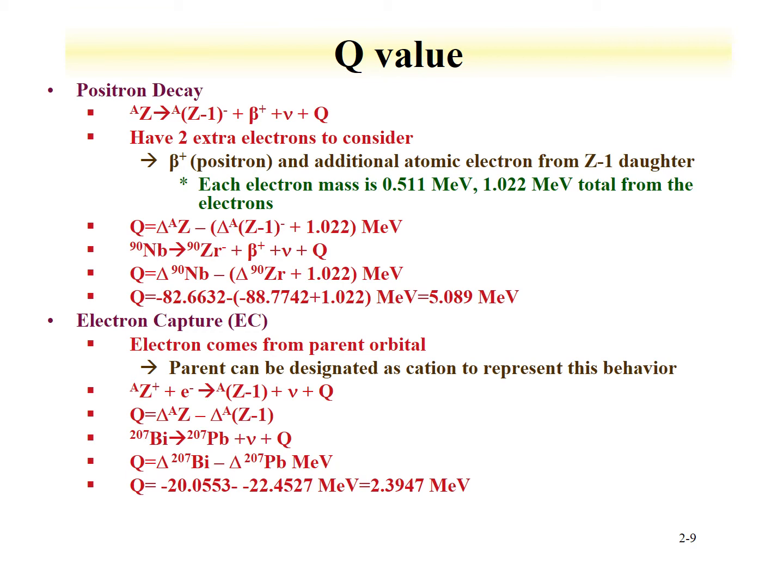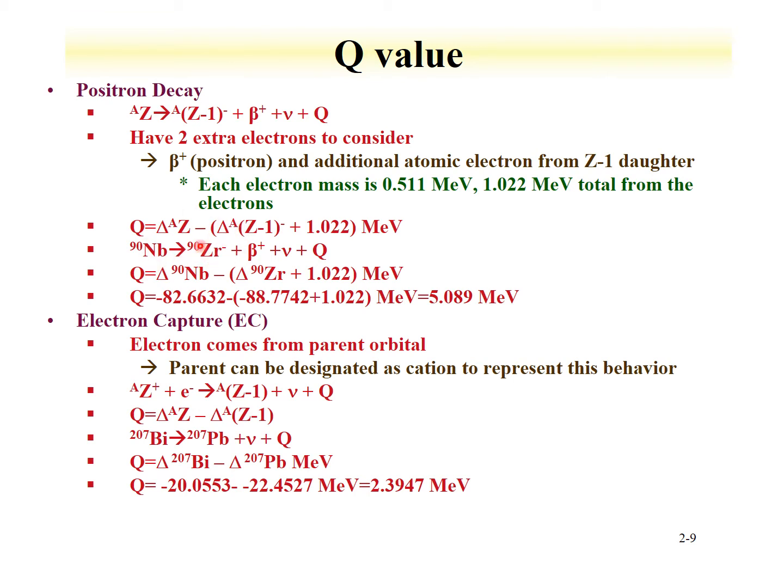The mass of each electron is 0.511 MeV. So we need to consider this term, 1.022 MeV total from the electrons. So the Q value is equal to the mass of the parent minus the mass of the daughter, plus this 1.022 MeV, which accounts for the 2 extra electrons.